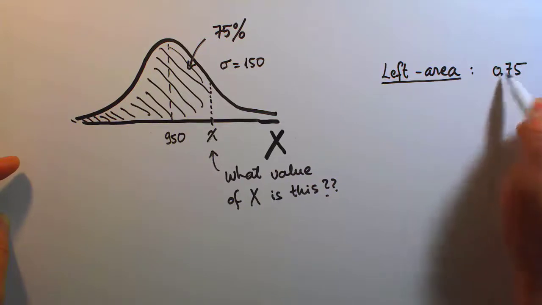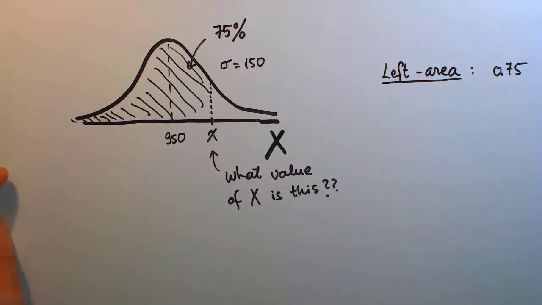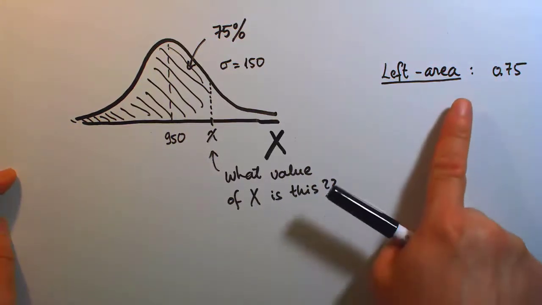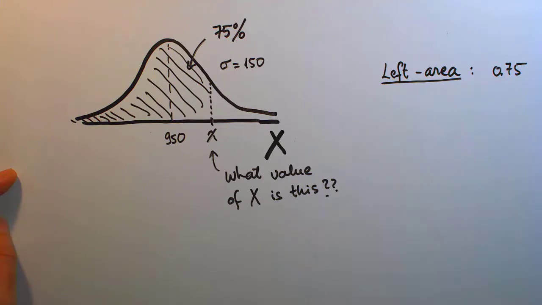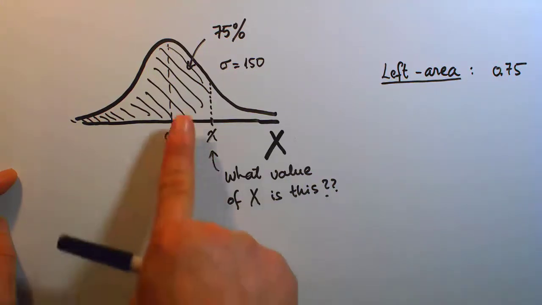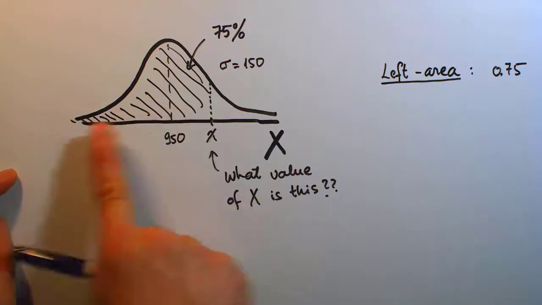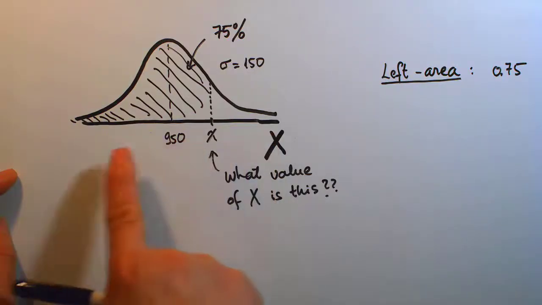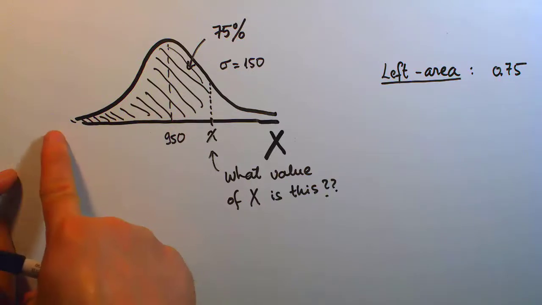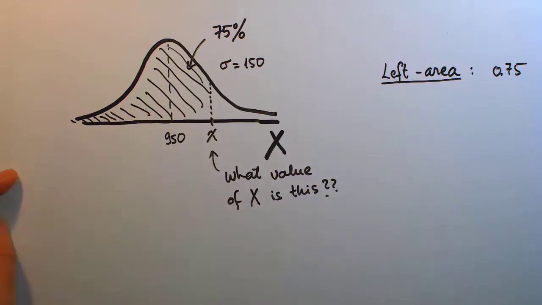So 0.75 is our left area. And so make clear in this problem that we are not looking for how big an area is. We're looking for, once the area is given to be that big, 0.75, where should we put our value to have that much area shaded to the left?